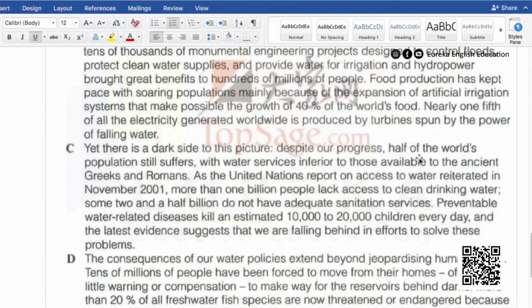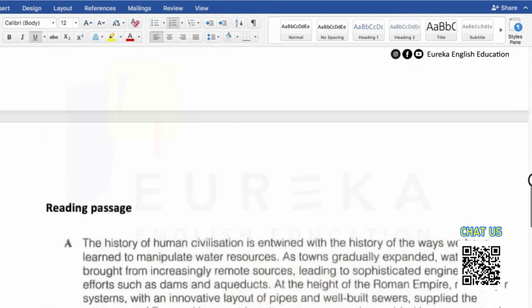So the world is suffering regarding the water services, and also there is a lack of access to clean water. So people are suffering from lack of access to clean water, and there is a problem of water-related disease that kills thousands of children. So about diseases, people have problems related to the access of water, and half of the world population suffer.